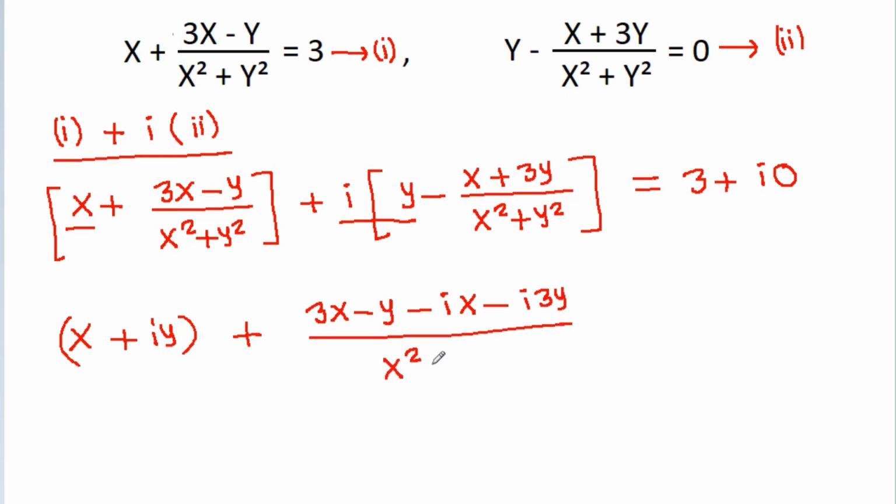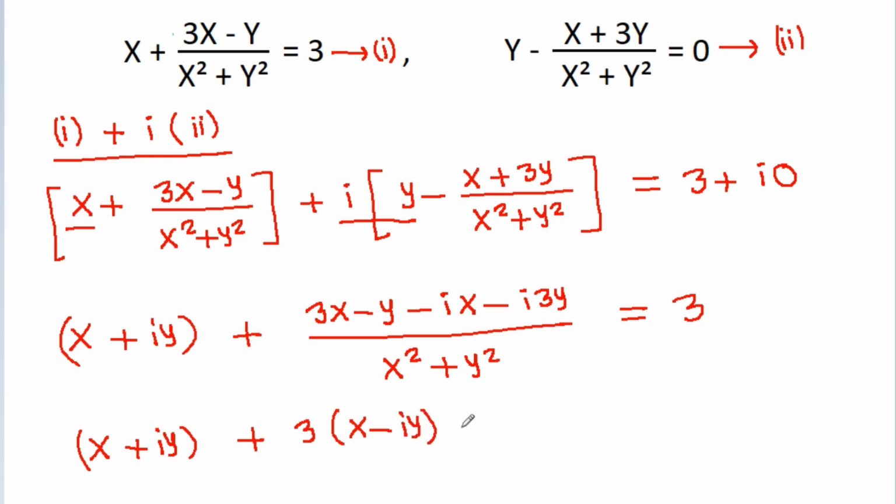by x square plus y square is equal to 3 plus 0, which is 3. And it is x plus iota y plus, and 3x minus iota 3y is 3 times (x minus iota y), and minus y minus iota x, by x square plus y square is equal to 3.